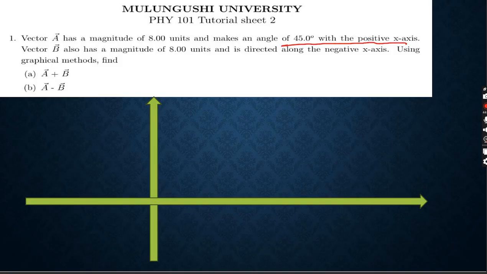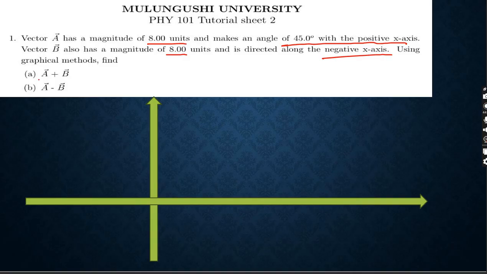Then vector B also has a magnitude of 8 units and is directed along the negative x-axis. Now we are asked to find the resultant vector using the graphical method.